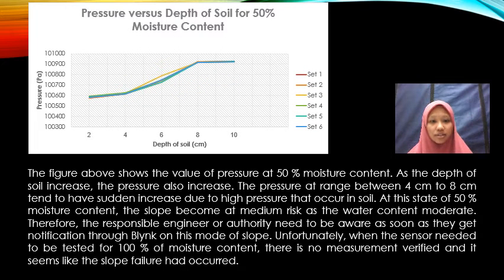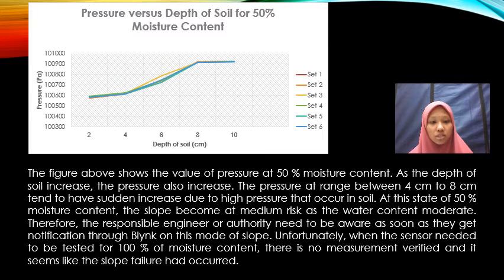Okay, this figure shows the value of pressure at 50% of moisture content. As the depth increased, the pressure also increased. The pressure at the range of 4 cm until 8 cm tends to have a sudden increase due to high pressure that occurs in the soil. At this state of 50% moisture content, the slope is at medium risk as the water content is moderate.